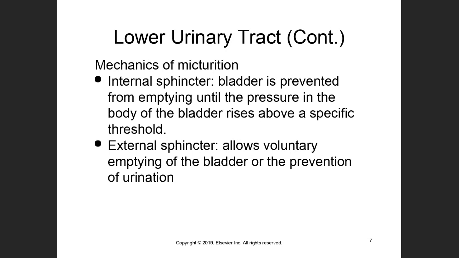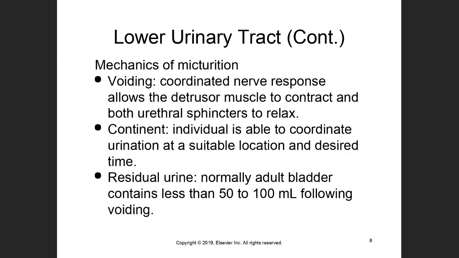And then the external sphincter allows voluntary emptying of the bladder. Mechanism of micturition, voiding: coordinated nerve responses allow the detrusor muscle to contract and both urethral sphincters to relax. The detrusor muscle is in the bladder.